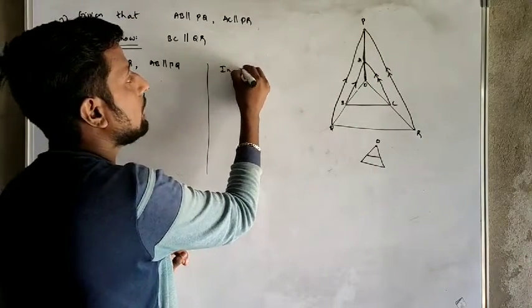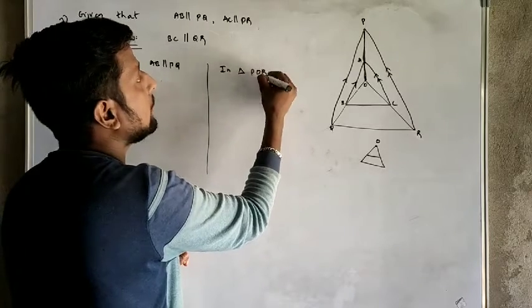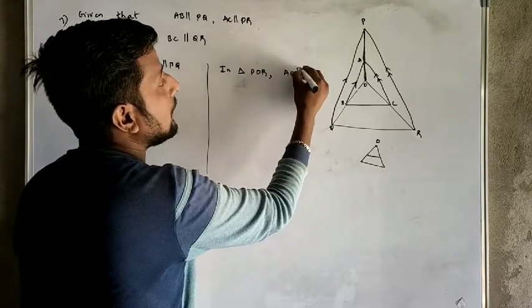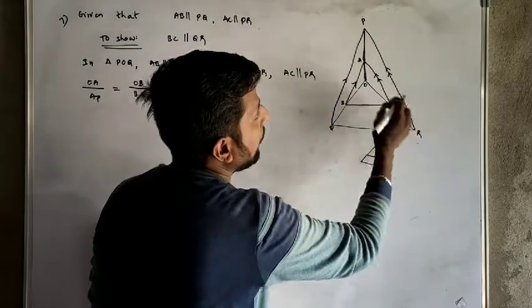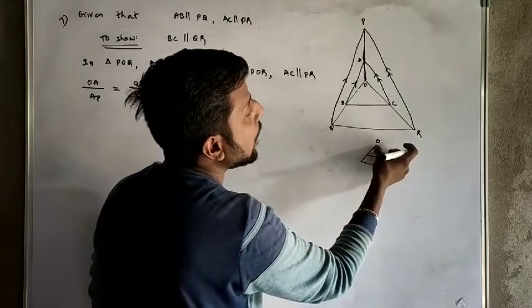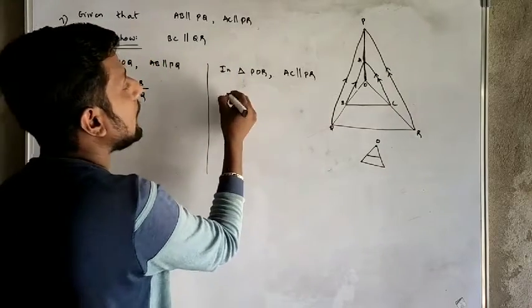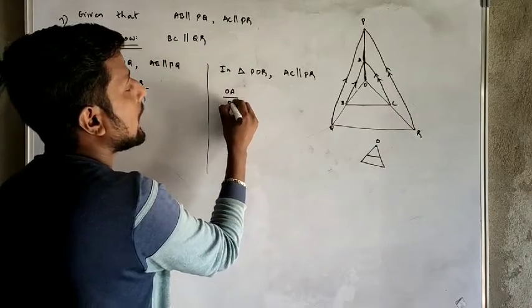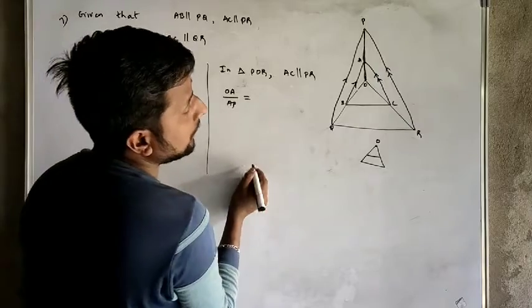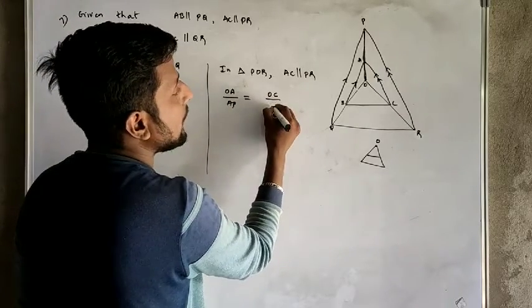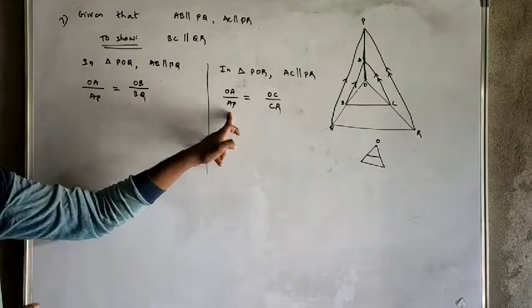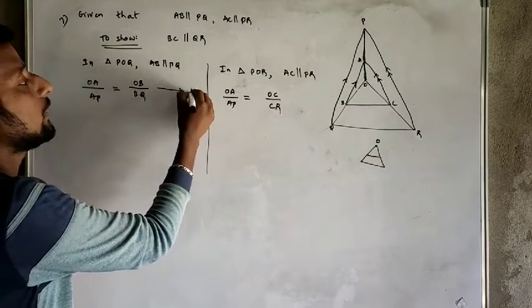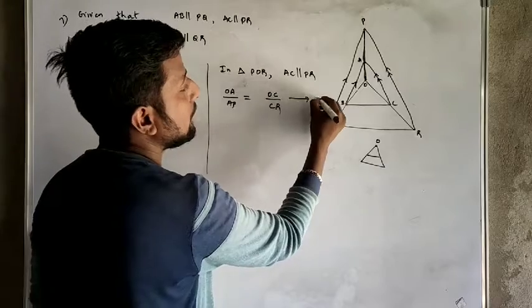In triangle POR, same, AC parallel to PR, look at again, same, O is the top vertex, right? So again we'll write OA by AP, that's equals to OC by CR. Okay, look at it. OA by AP, OA by AP. Okay, we got a similar ratio. Same ratio we got.